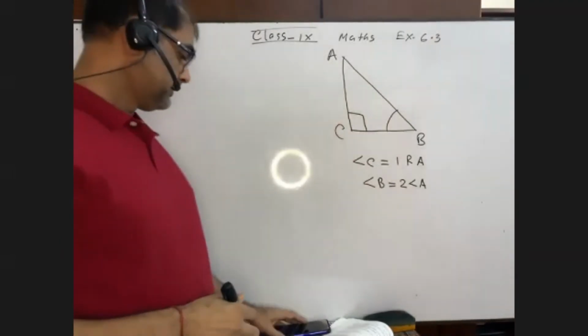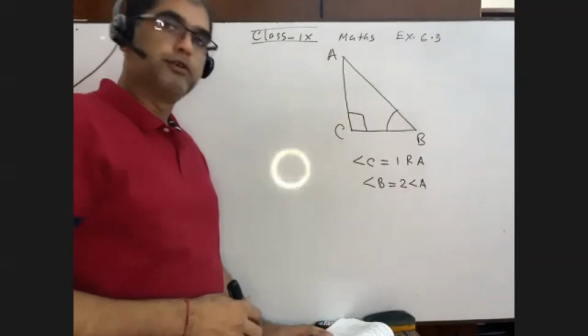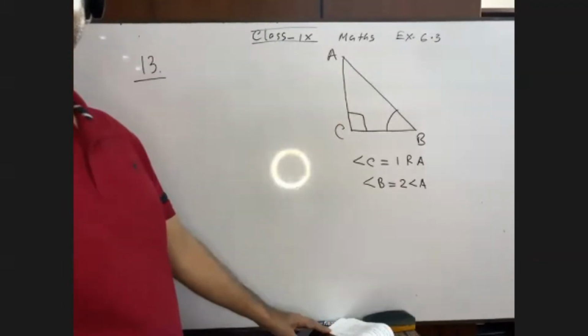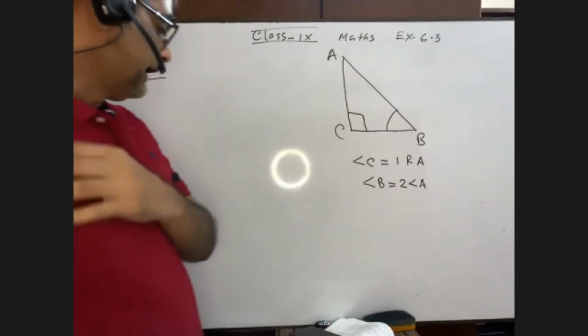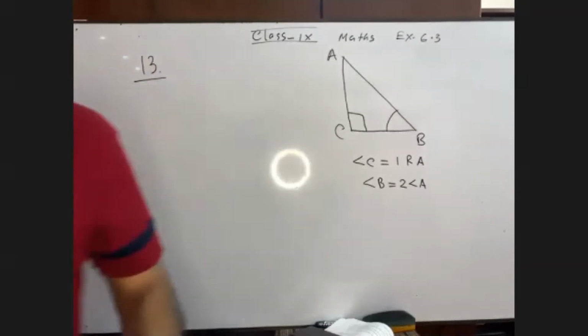Okay. So what is given? Page number 144. Angle C equals 1 right angle and angle B equals twice angle A, right?